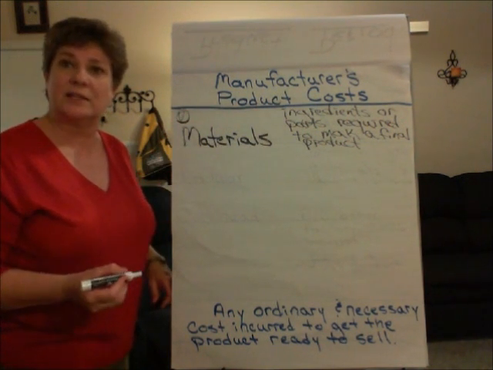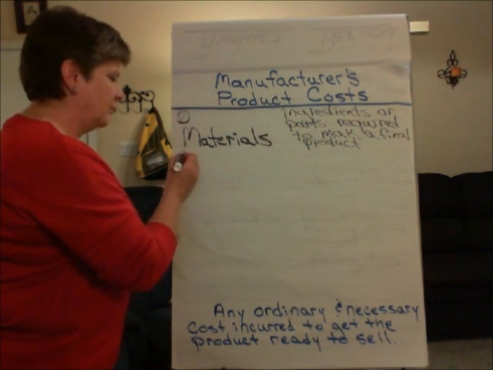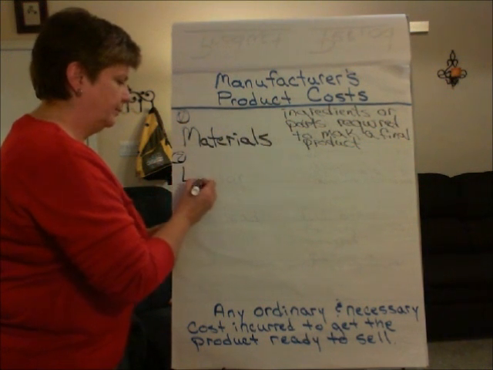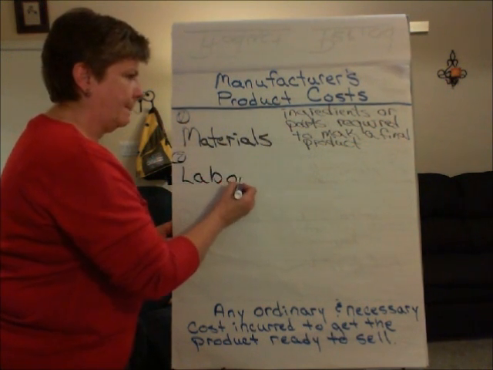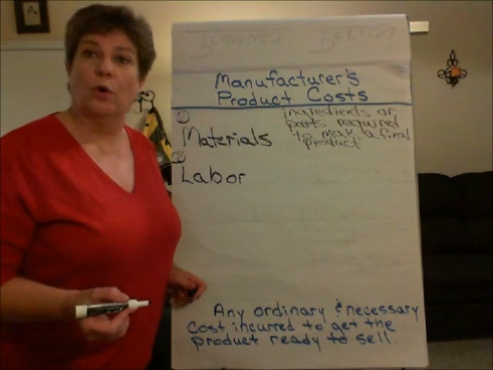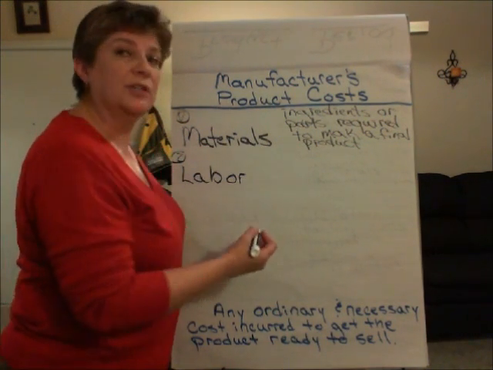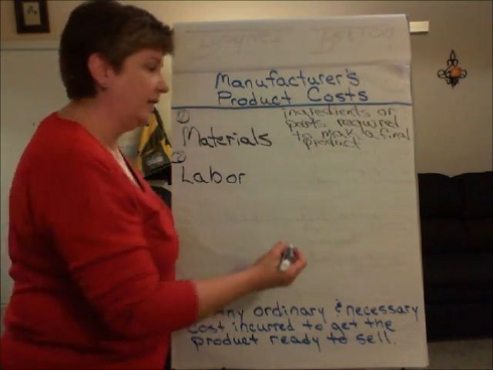The second type of product cost is labor. Now, labor, of course, refers to the wages that we pay to our employees.